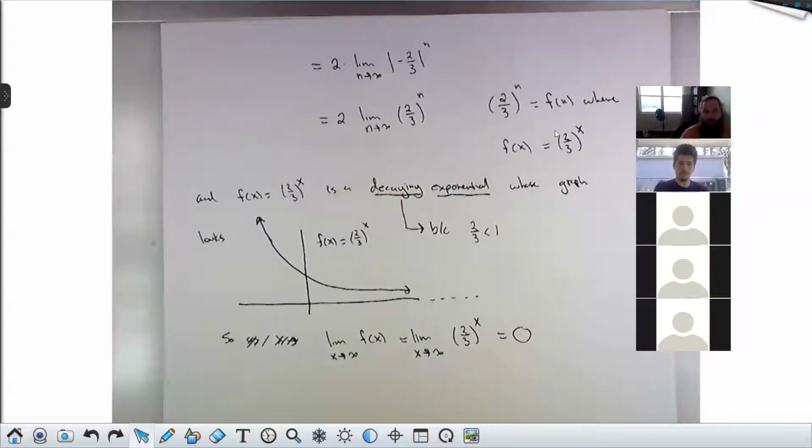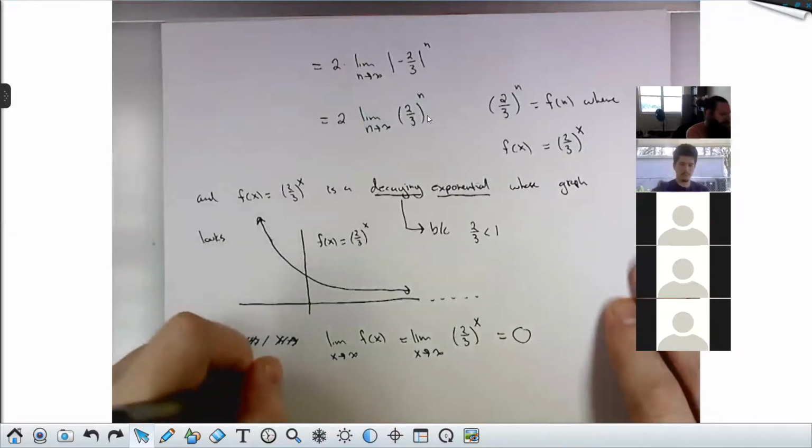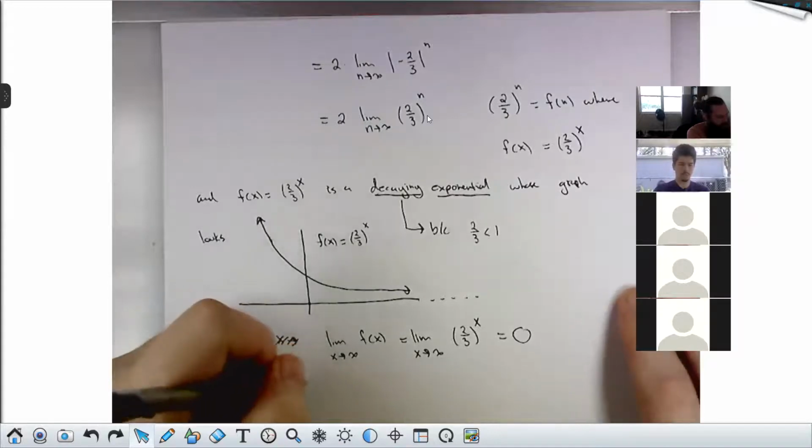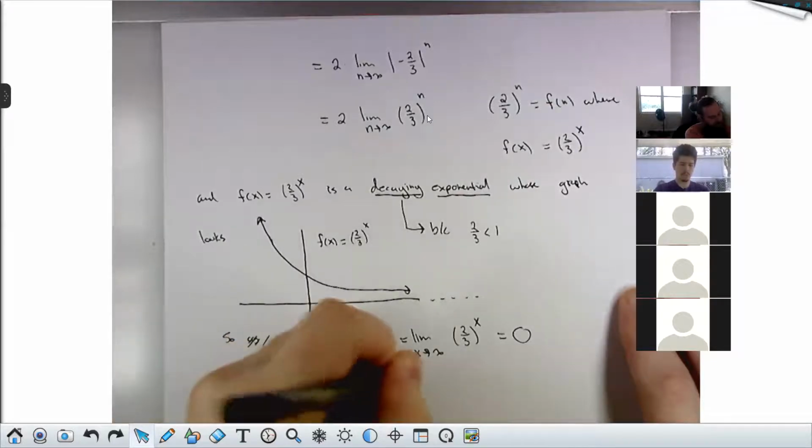So by our theorem relating sequences to functions of a continuous variable, this limit must be 0. Therefore, the limit as n goes to infinity of 2/3 to the n equals 0 also.